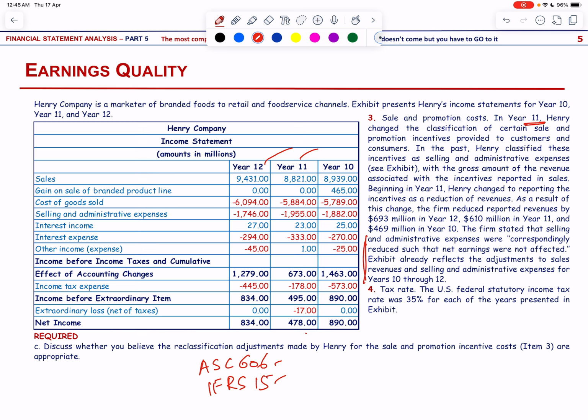So this reflects net revenue actually earned from sales, aligning better with economic reality. So to conclude, yes, the reclassification is appropriate. It aligns with the current revenue recognition standards under both US GAAP and IFRS. It provides a clearer picture of economic transactions and does not distort the net income.